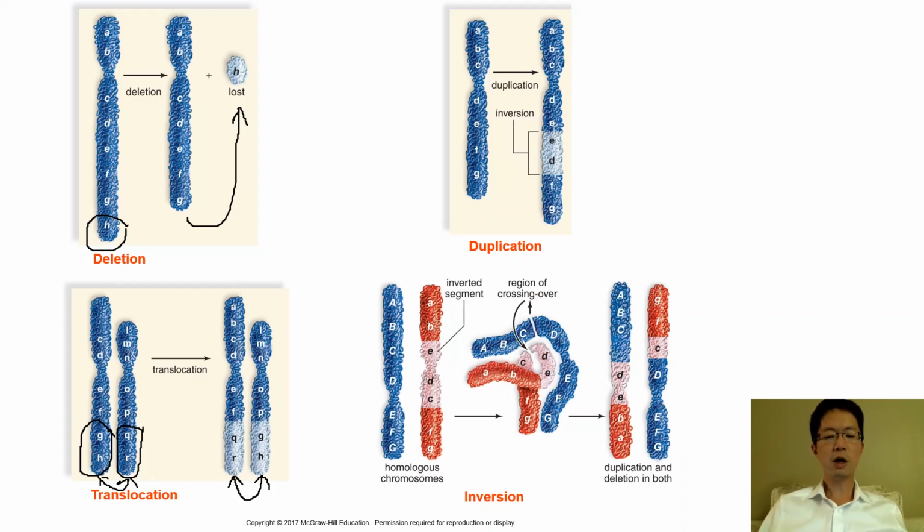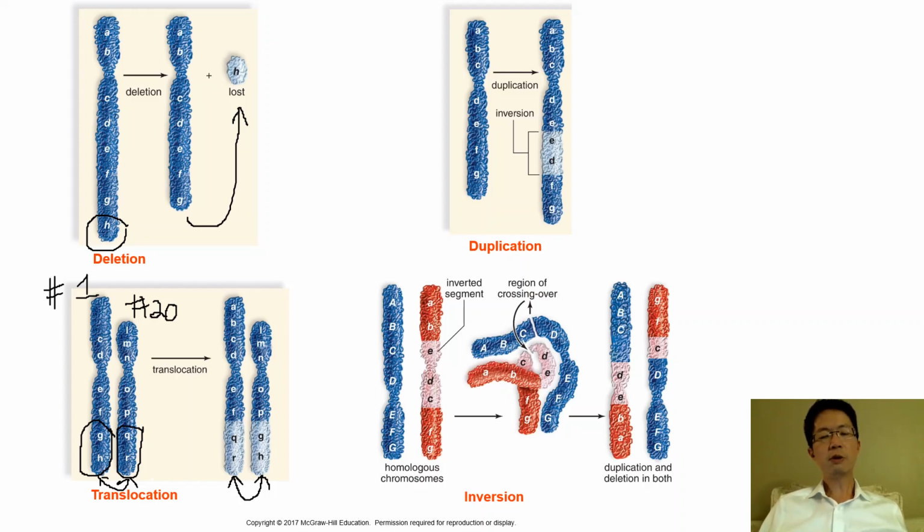For example, I just randomly assign the numbers. Maybe the longer one is chromosome number 1 and the shorter one is chromosome number 20. The genes are moving to a different chromosome. That is called translocation.